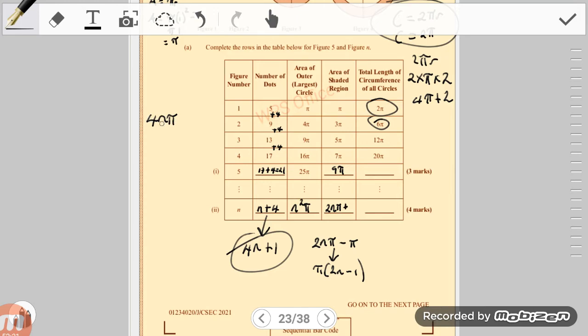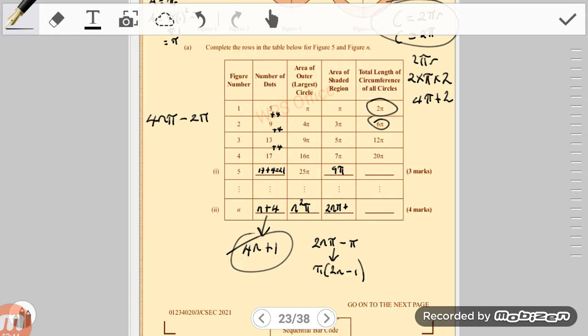What will be the result if I were to implement these values right here for n? 4 times 1 is 4, so that's going to give me 4 pi. But I have 2 pi, so I have 2 more. So I'm going to have to subtract 2 pi.